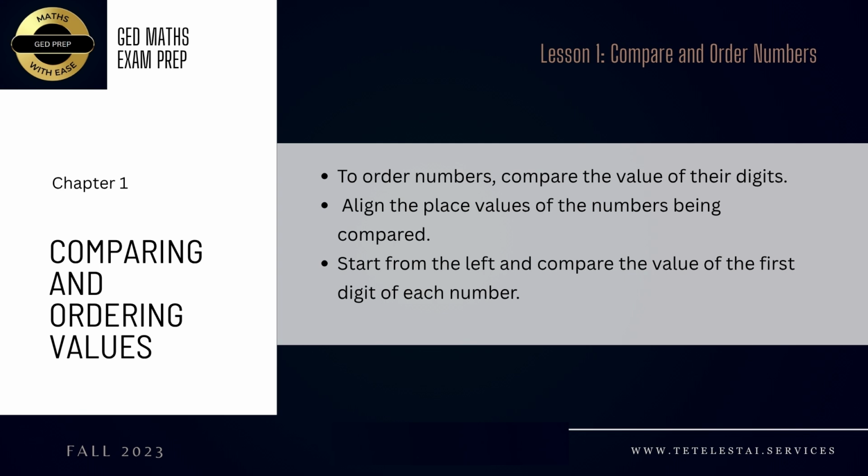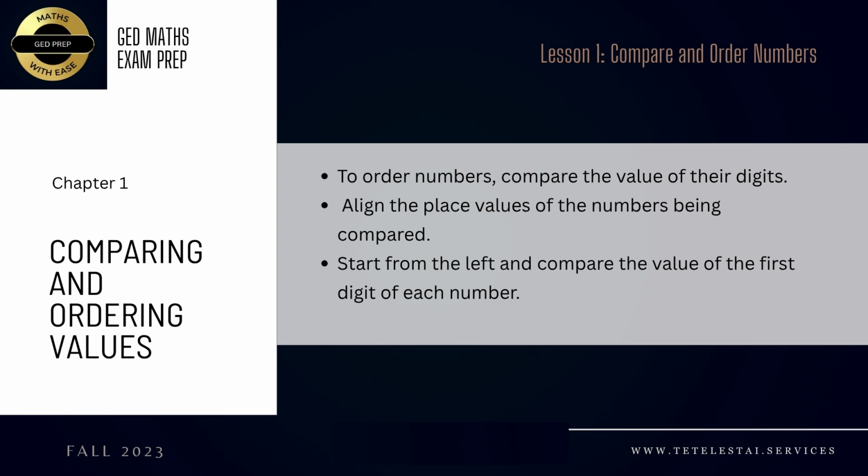And which is least. And then, if you have more than two, which go in between your greatest and your least. And you do this by aligning place values.